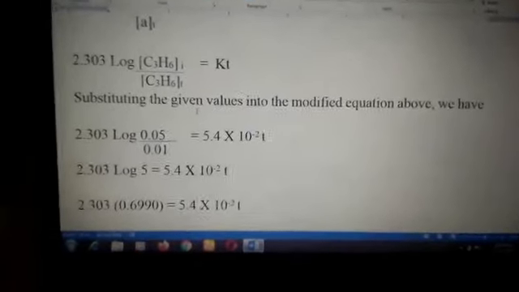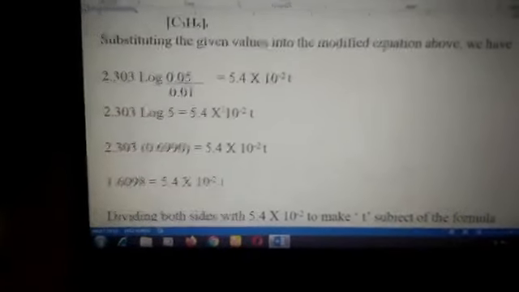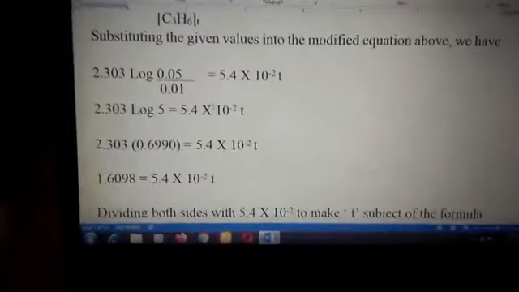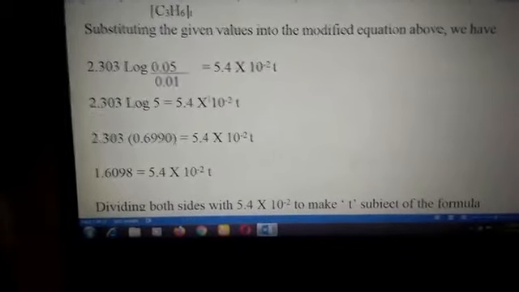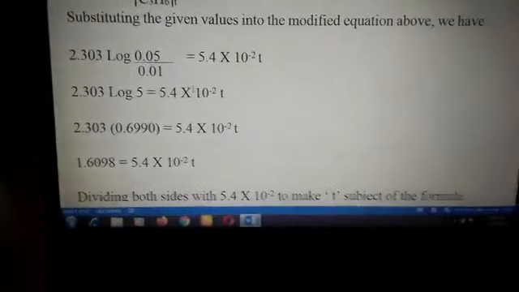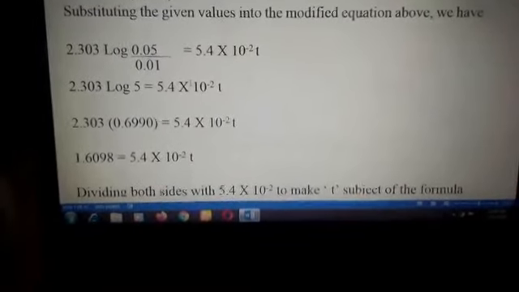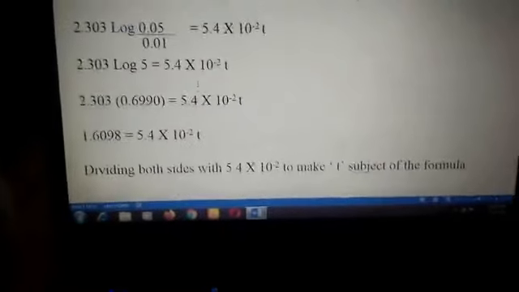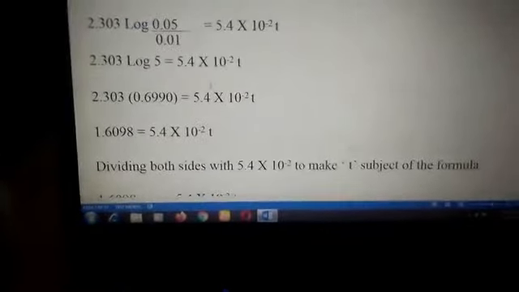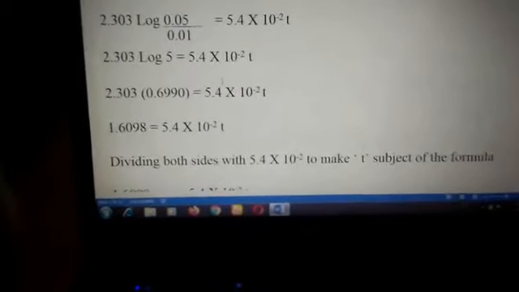Since we're looking for t, we go ahead. 2.303 log 5. How do we get log 5? 0.05 divided by 0.01 gives you 5, equal to the right hand side 5.4 times 10 to the power minus 2 t. Then log 5 from a four-figure table or from your calculator is 0.6990.